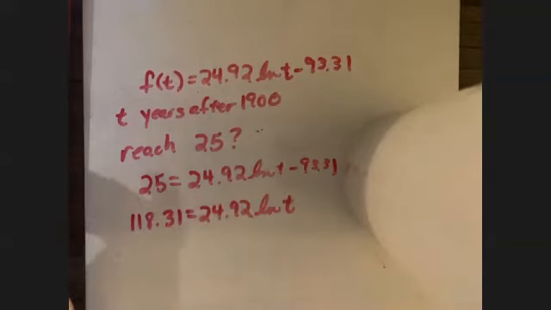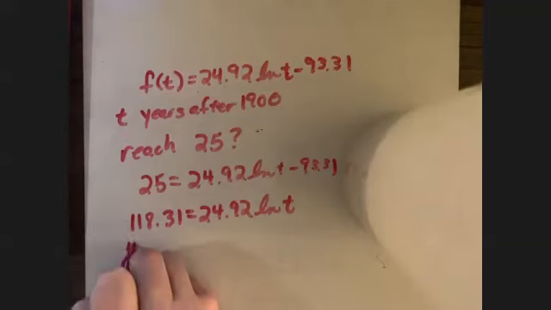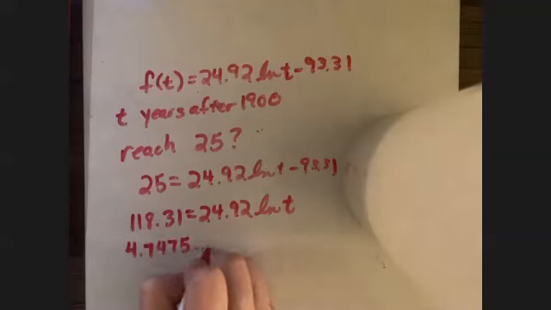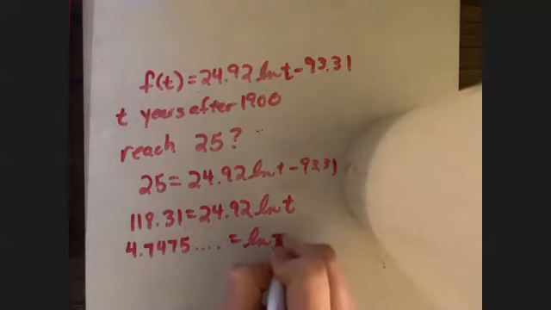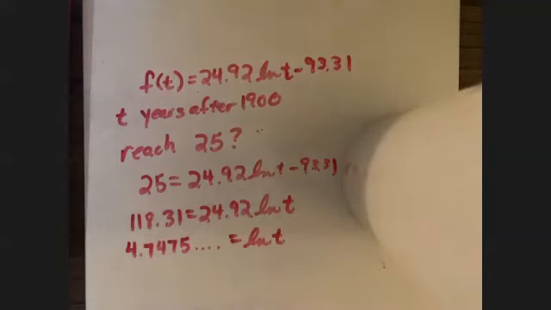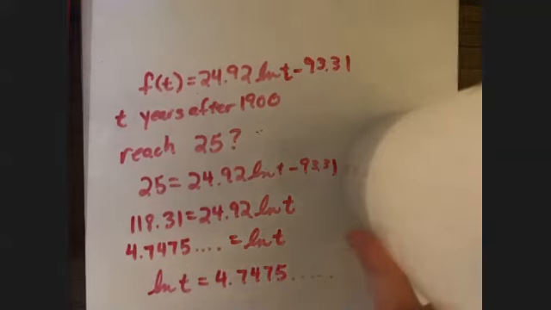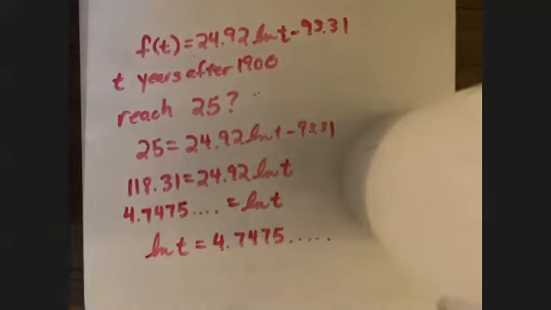I'm going to divide by that 24.92. Now, guys, I'm going to switch these sides so that you can see what I'm fixing to do. I am going to let my calculator have this full decimal number that's fixing to happen.